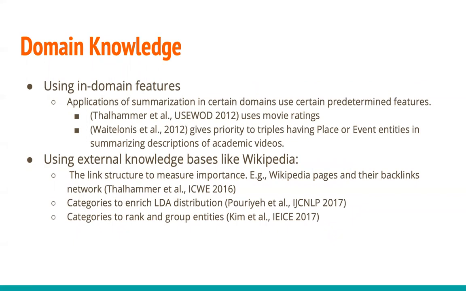So for using domain knowledge, certain applications have used domain-specific information. For example, using movie ratings to make summaries or rank movies, so you can use the ratings to decide which movies or actors get higher rating.